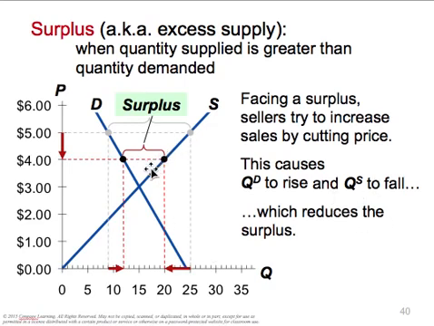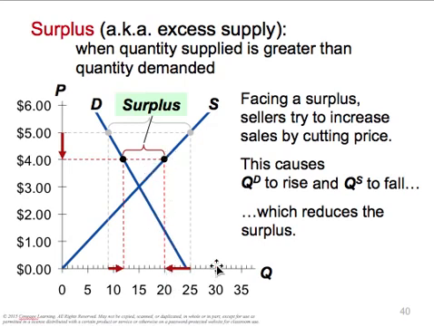So we're moving towards equilibrium here, both demanders and suppliers. However, we still have a surplus here at $4 because the market's still saying, hey, it's supposed to be 3 and 15. We still have a surplus. It looks like 12 is the quantity demanded and 20 is the quantity supplied.